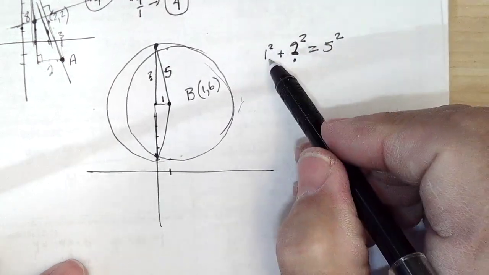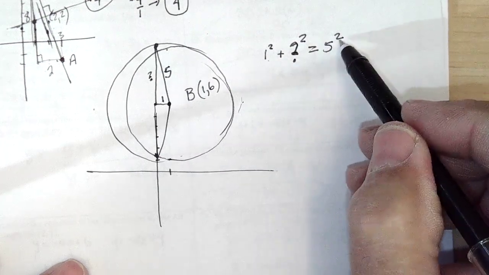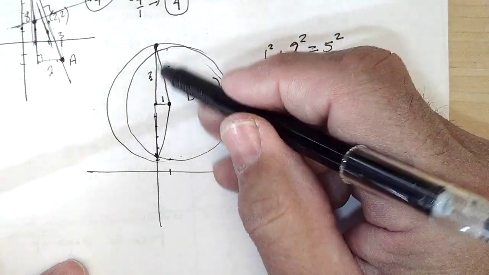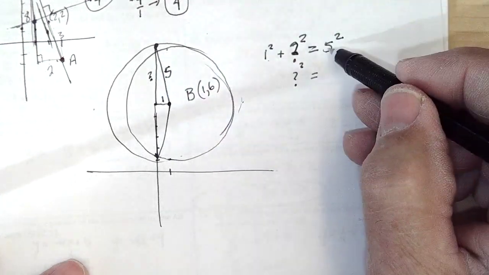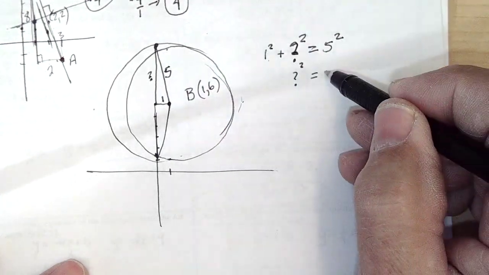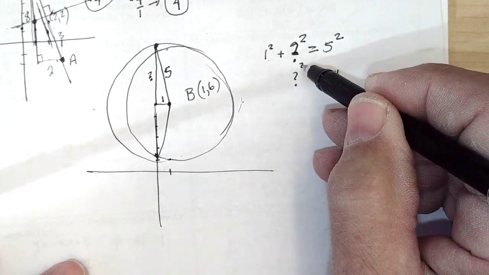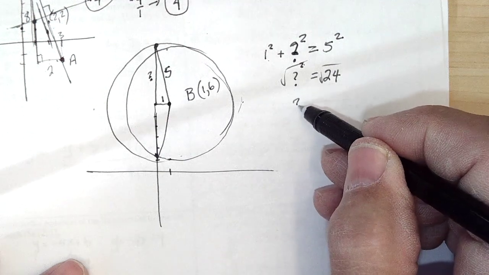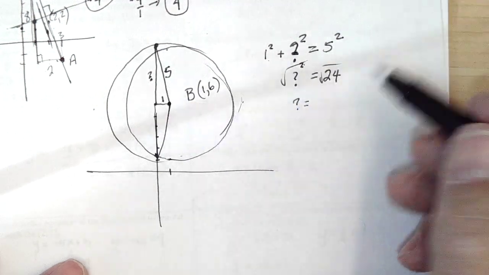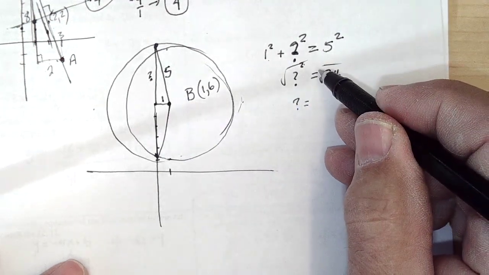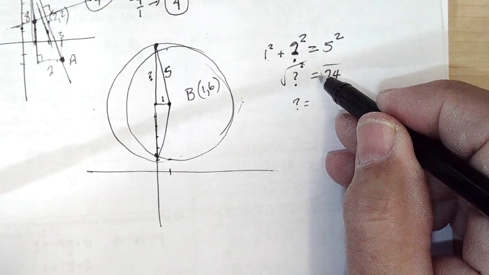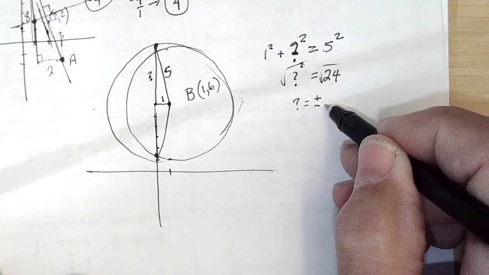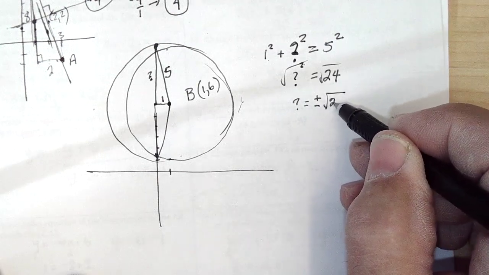So 1 squared is 1, so if I subtract it from 25, I get the question mark squared. The length I don't know has to be 25 minus 1, 24. And if I take the square root of both sides to get rid of the square, I have to remember to go plus or minus the square root of 24.